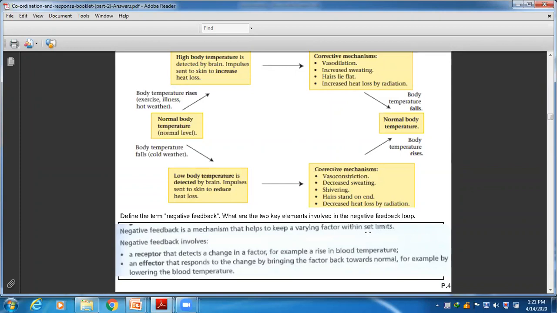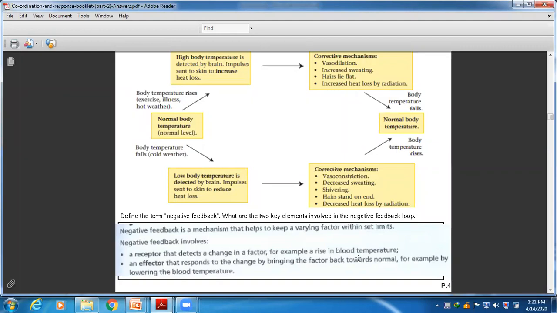Negative feedback involves a receptor that detects a change in a factor, a receptor to sense the stimulus. For example, a rise in blood temperature will be detected by whom? By the hypothalamus, and by special thermoreceptors in your skin. So these are receptors.